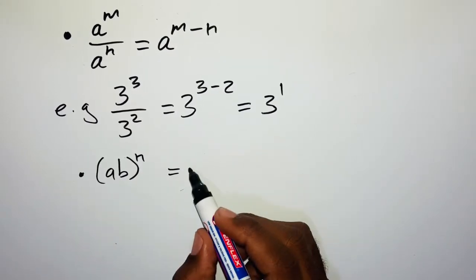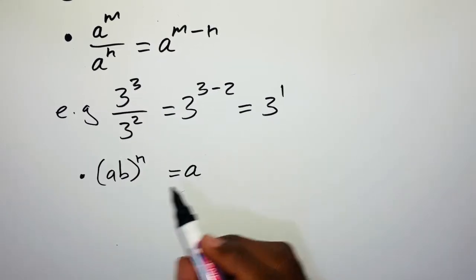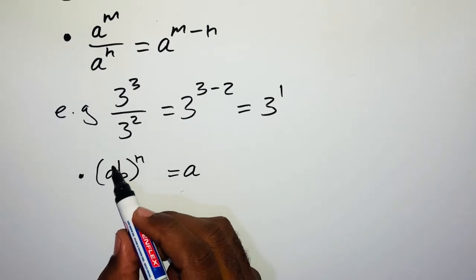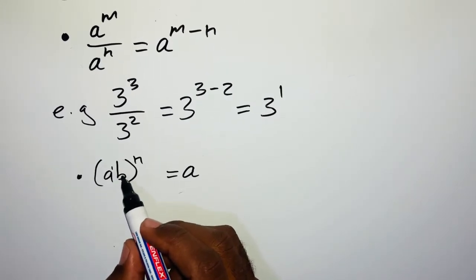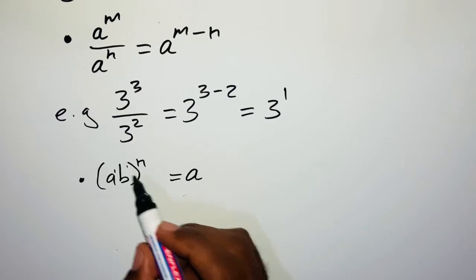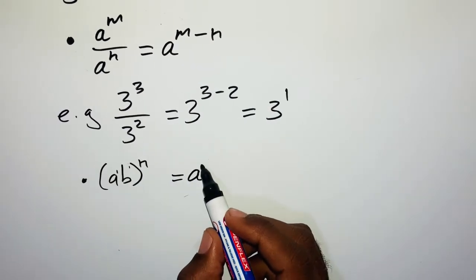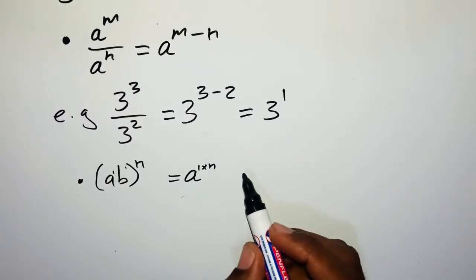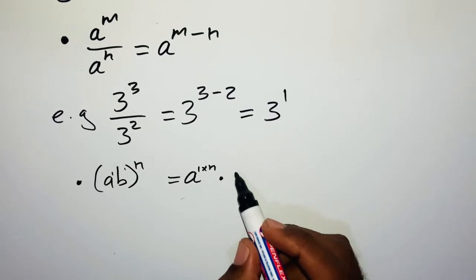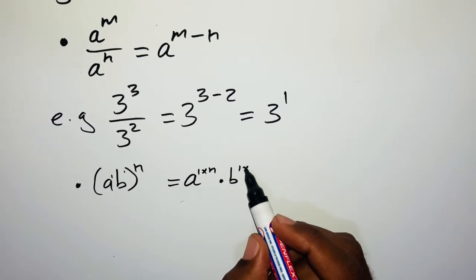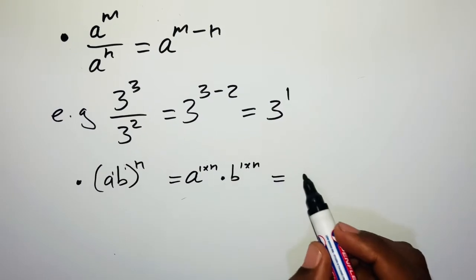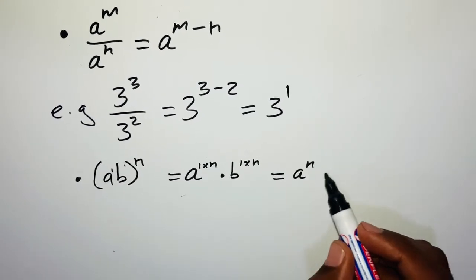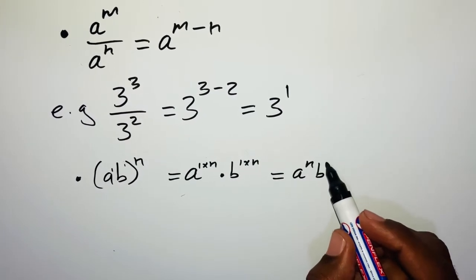We know that our a is to the exponent 1, as much as our b as well is to the exponent 1. So it's a, 1 times n, times b, 1 times n, which gives us a to the n, b to the n.